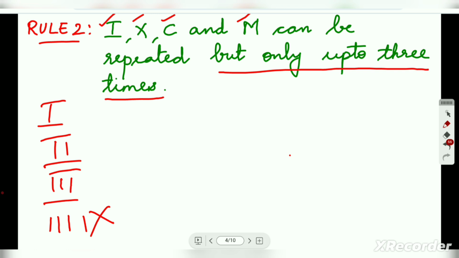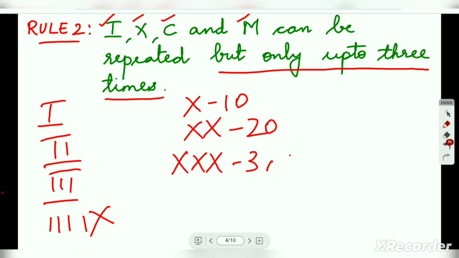Similarly for X, X is 10, XX is 20, XXX is 30. Similarly for C, you know it is 100, CC is 200 and it goes on like that. Clear? So always remember I, X, C and M can be repeated maximum 3 times.